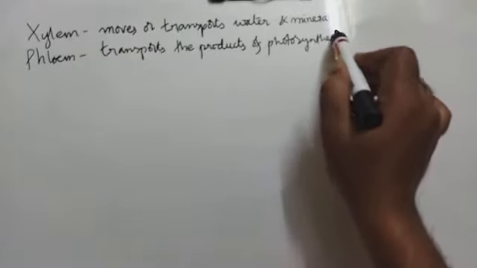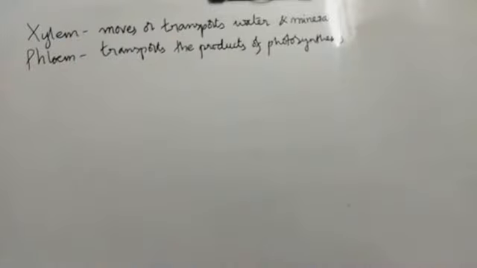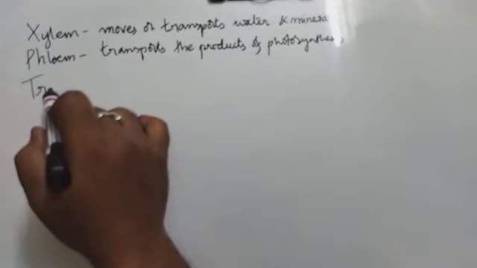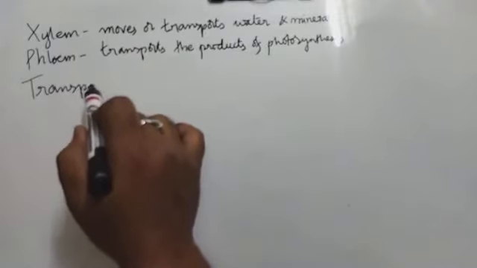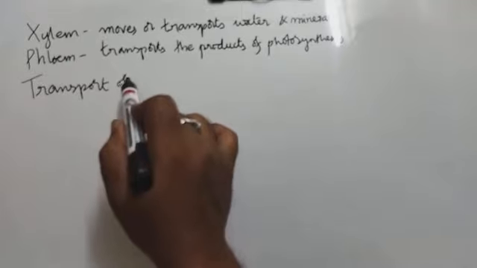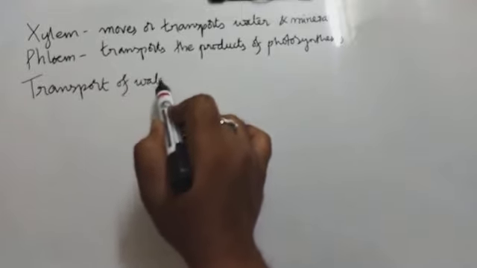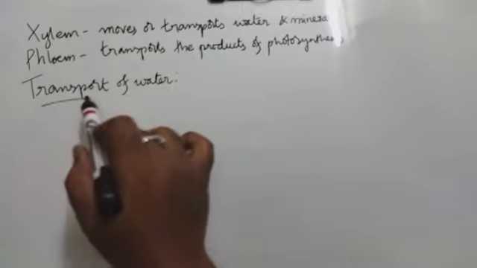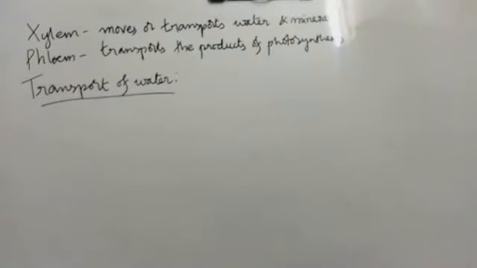So let us discuss transport of water and minerals by xylem and transport of products of photosynthesis by phloem separately. First, transport of water. In class 9th you have learnt xylem has 4 components in it and phloem has 4 components in it.